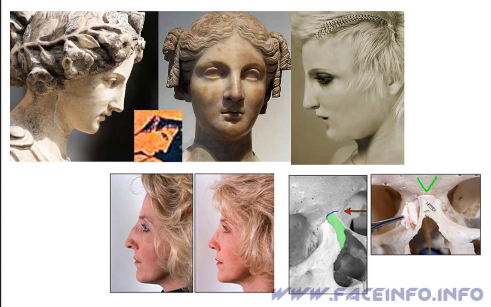So this is the frontal bone. These are the nasal bones. This is the anterior nasal spine of the maxilla, and this is the nasion. So the more prominent the nasion is, the more the face resembles the ancient Greek beauty ideal.